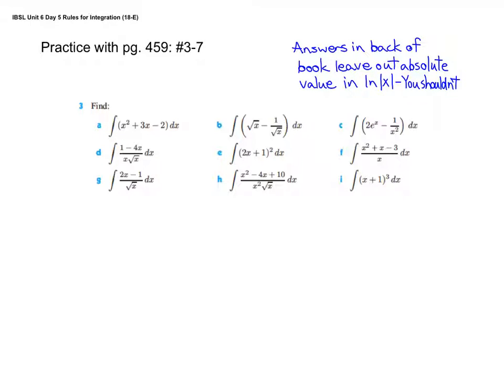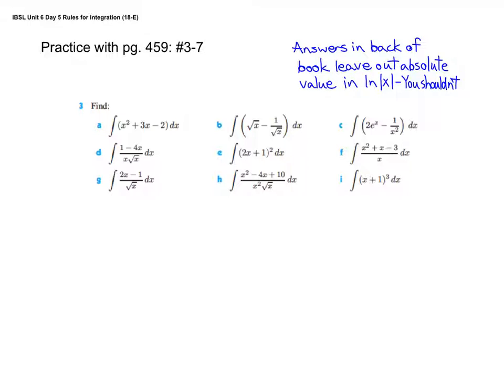Please make sure that you include the absolute value of x in your answers. Looking at the formula booklet, they even leave it out there for some reason. But you should not. They actually stipulate that x has to be greater than 0.